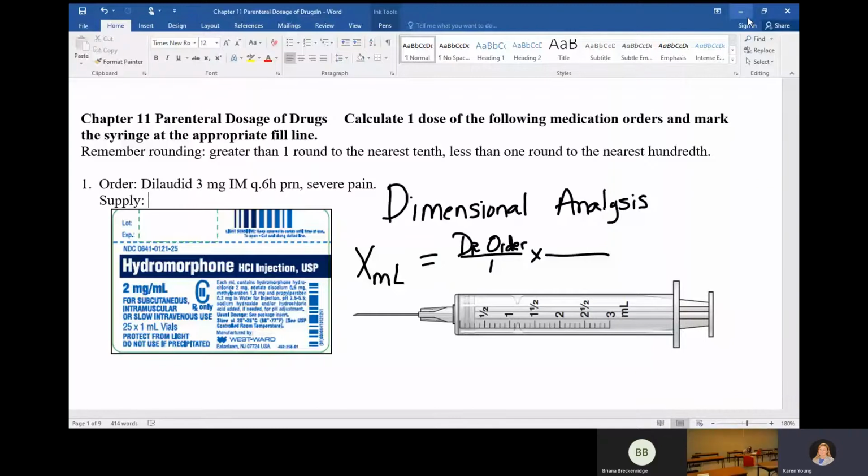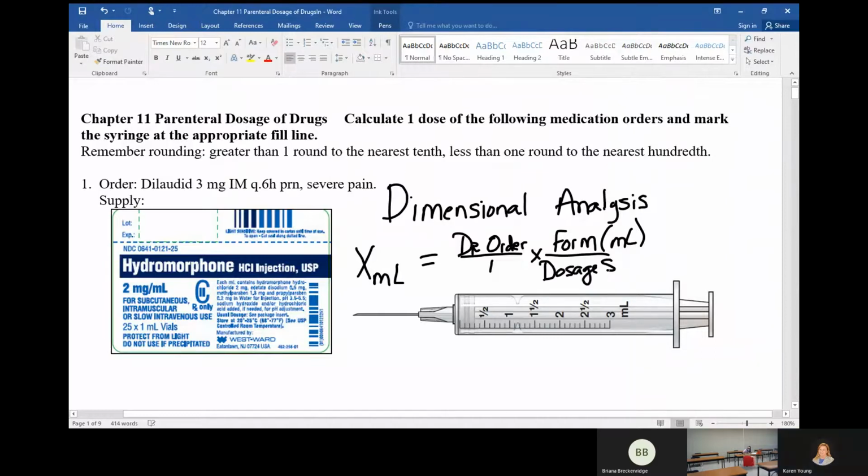Okay, so doctor's orders, and then our dosage form still, but again, 99% of the time, it's going to be milliliters. And then our dosage strength. So we're still using the same process, same format.